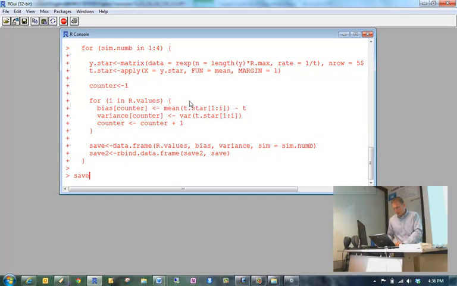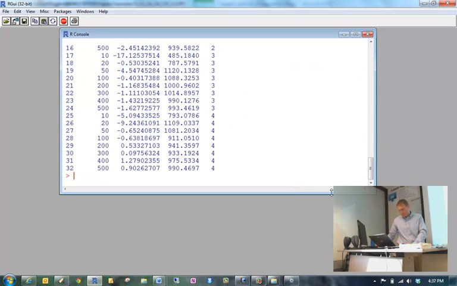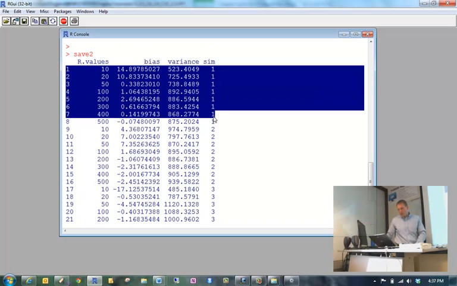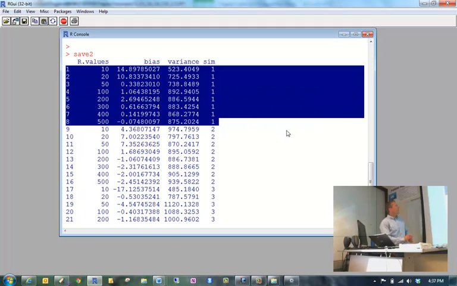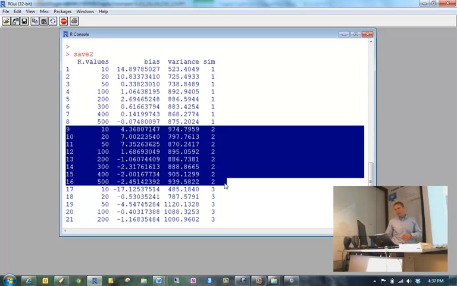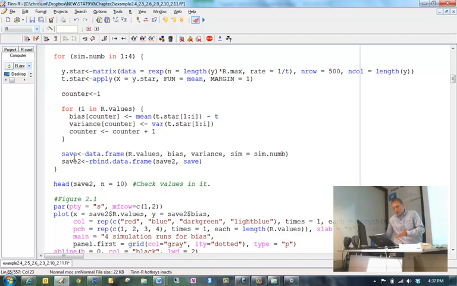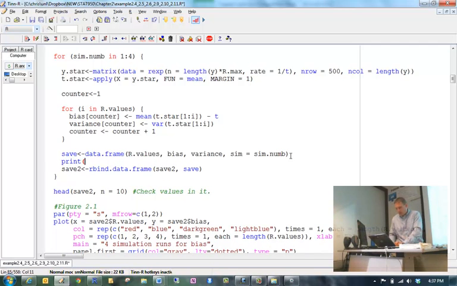Okay, so let's take a look at save 2. So the first simulation run produced these values of bias and variance for the corresponding values of R. The second simulation run produced these. Now, if you're ever confused about what's happening in this loop, what's happening in save and so on, don't forget that you can put some other stuff in here to help you remember what's going on.